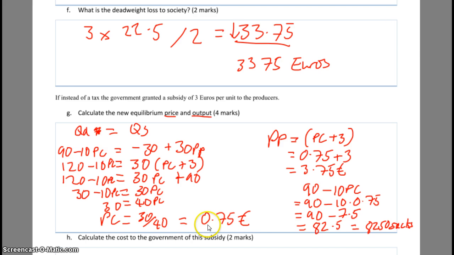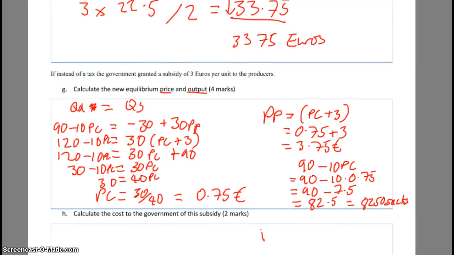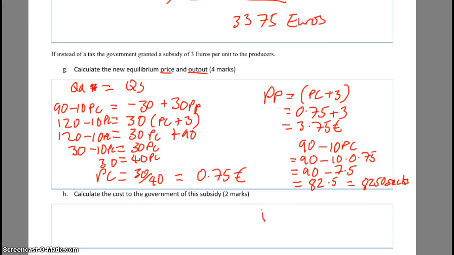So the last one then, let's just move this down. Just bear with me. Just move this down here. Calculate the cost to the government of the subsidy. So we know that the subsidy costs £3, and we need to multiply that by the quantity.